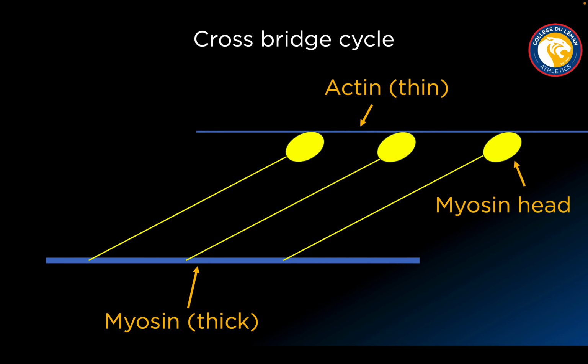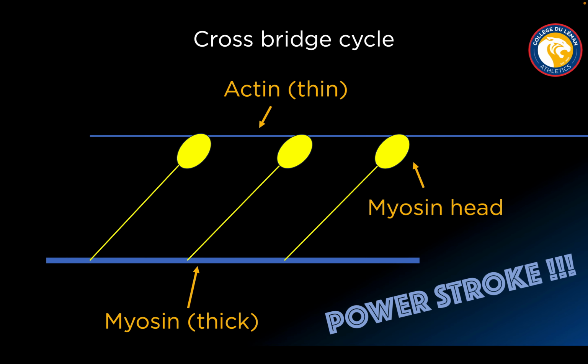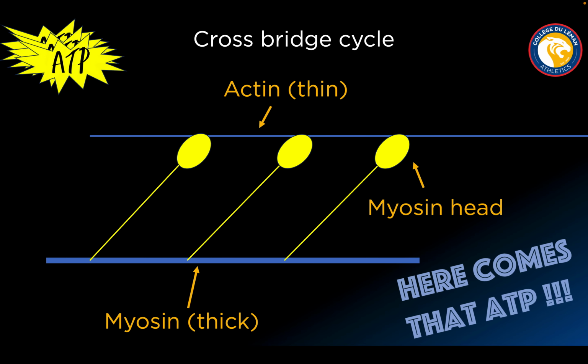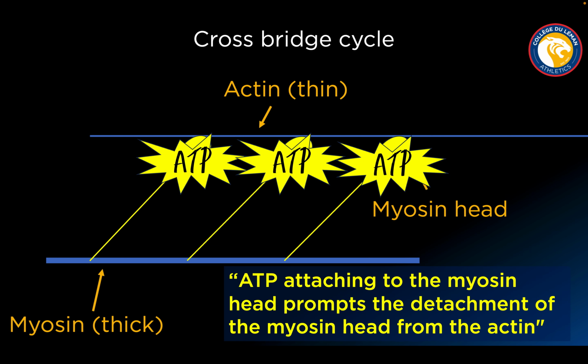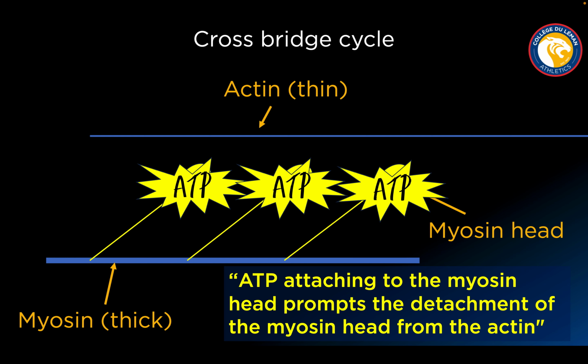These myosin heads that are attached, we're going to pull that actin along. That's the muscle contracting. Then the ATP is going to come along. It's going to attach to the myosin head. That's going to prompt the detachment of the myosin head from the actin. Then it's going to break down and give us some energy.